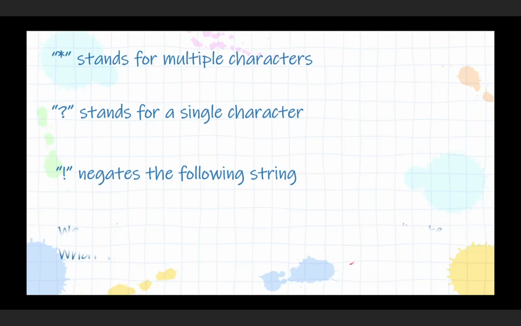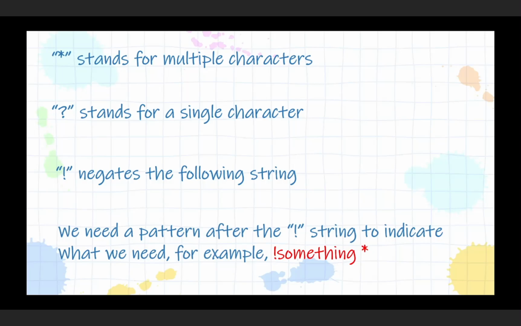The exclamation mark must be at the beginning of the string, and you need to tell the config file what you indeed want by a following pattern. Even you can just add a single asterisk, which means anything. So the whole label is saying anything is fine, but not the string after the exclamation mark.